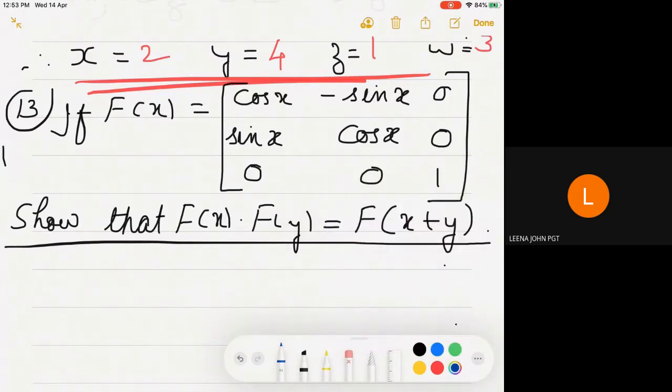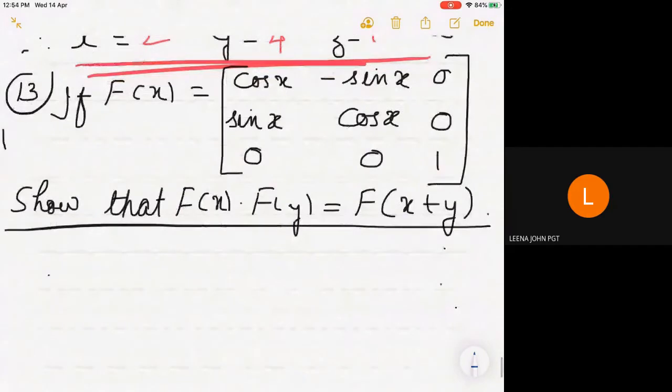For that, the mathematical method of proving an equation is take LHS, take RHS and prove that LHS equal to RHS.